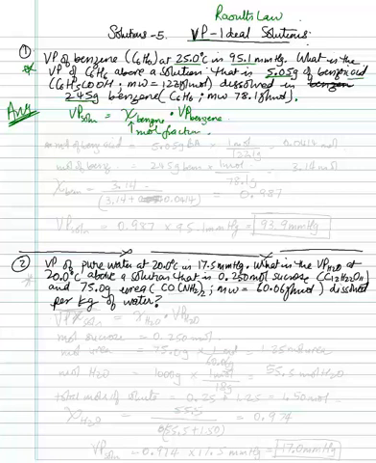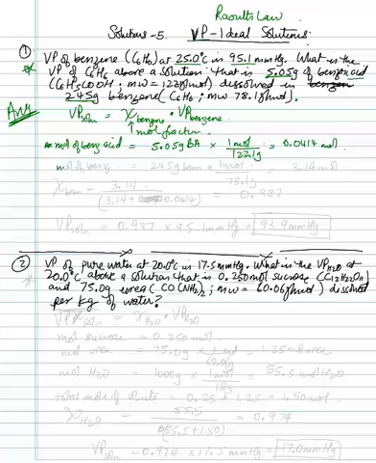Let's go ahead and get started. We first calculate the moles of benzoic acid. You can do whichever one first, it doesn't really matter. So 5.05 grams of benzoic acid times 1 mole over 122.1 grams, which is 0.0414 moles.